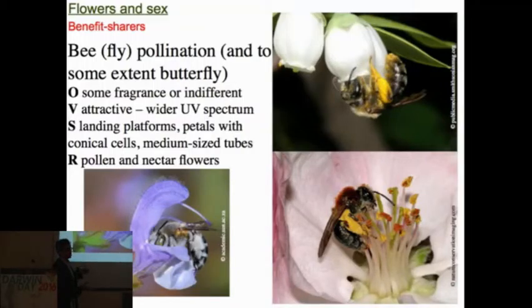It is usually a system where you have a kind of landing platform. So the flowers are, like here, bilaterally symmetrical, and the bee can land on this platform to pollinate the flower, or it can hang down in the flower to get to the nectar. So the reward in these flowers is usually nectar and also pollen. It is very variable, so it's not a very good pollination system, in fact.